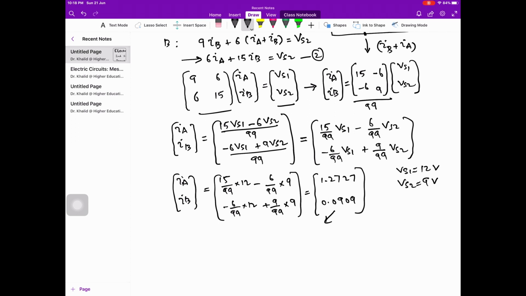So from here we see that IA is 1.2727 and IB is 0.0909. Now what is the difference?